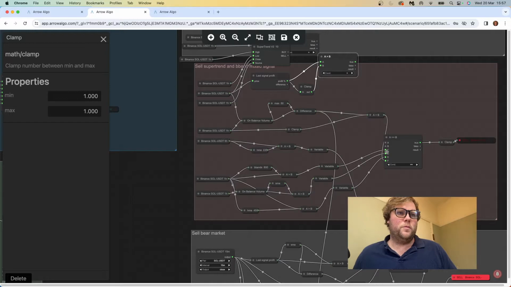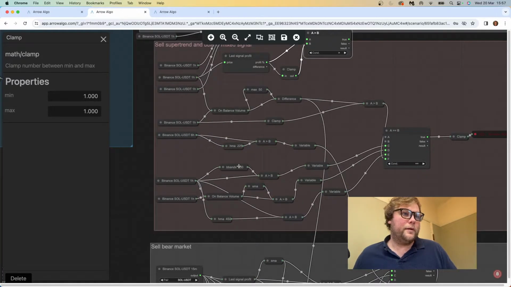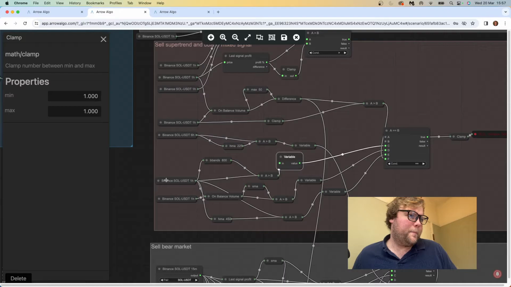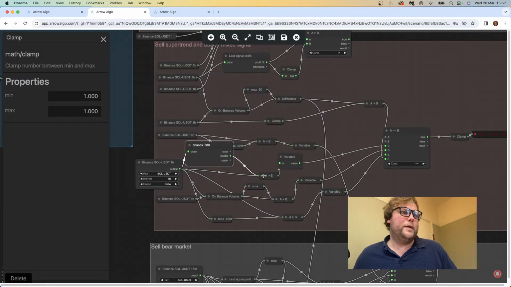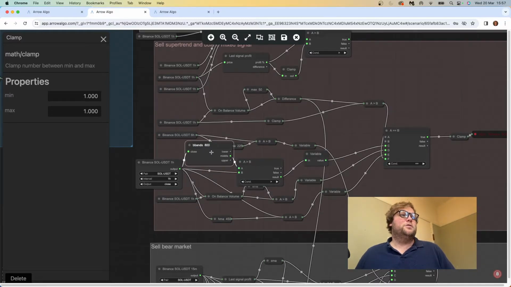For our third one, we've got down here. I could probably do with cleaning this up a little bit, but here we go. So we are looking at Bollinger Bands again, and we're looking at the middle band of the 800 part. Now 800 is quite a large value.